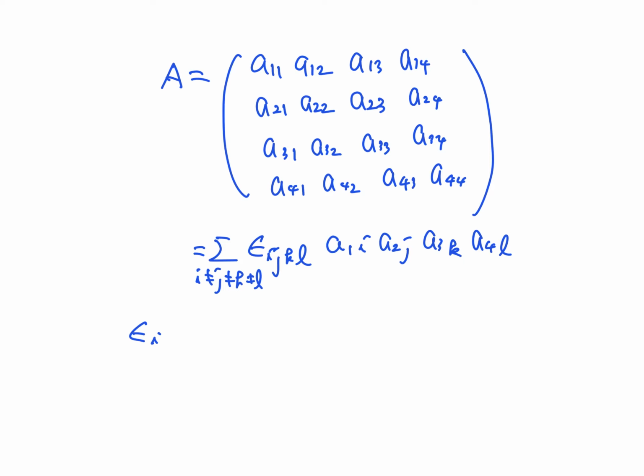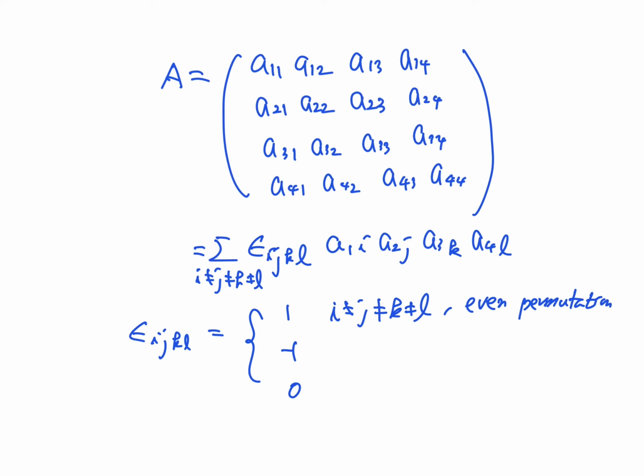Epsilon ijkl is 1, minus 1, or 0: 1 for an even permutation of ijkl, minus 1 for an odd permutation, and 0 otherwise, when i, j, k, l are not all different.